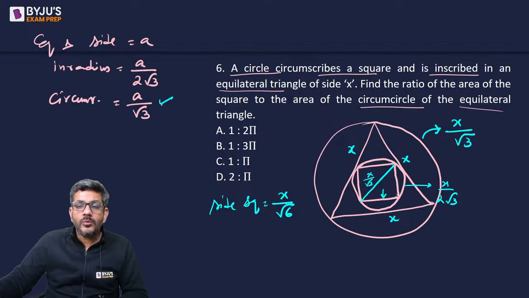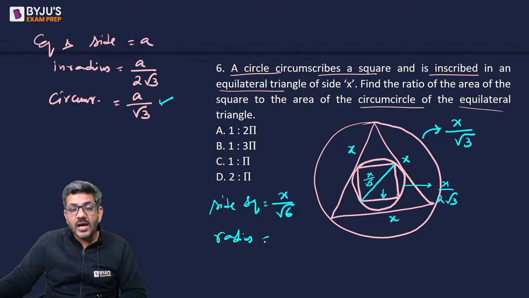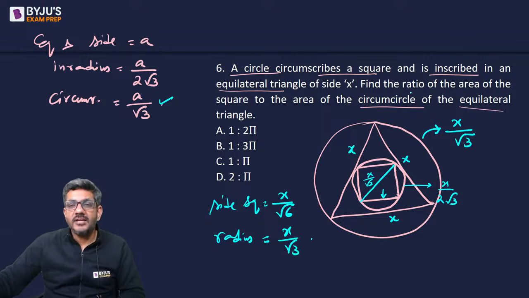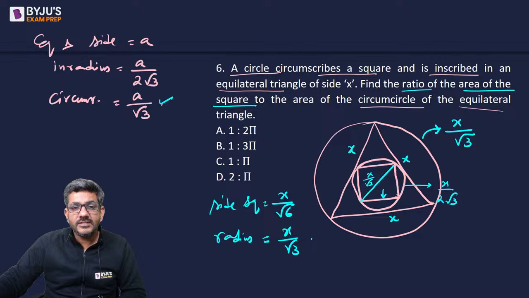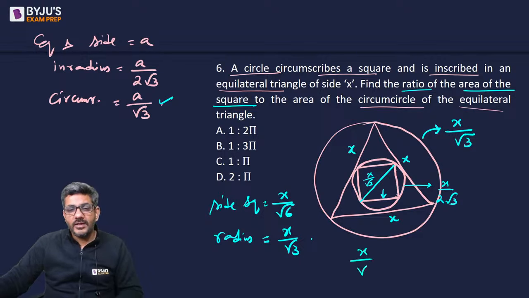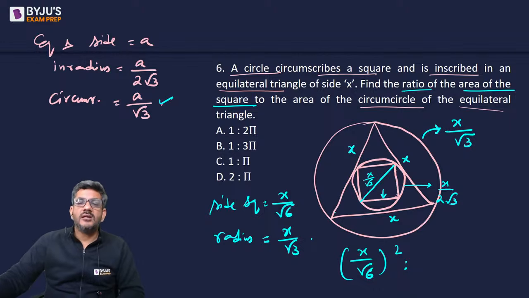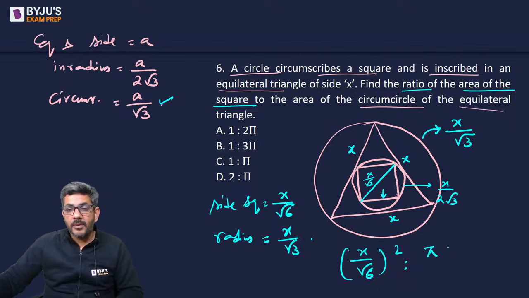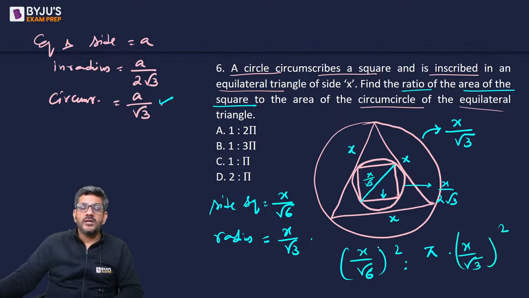So the side of the square is x by root 6, and the radius of the outermost circle is x by root 3. The question is saying find the ratio of the area of the square. The area of the square is x by root 6 whole squared, to the area of the circumcircle of the equilateral triangle, that is pi into x by root 3 whole squared.